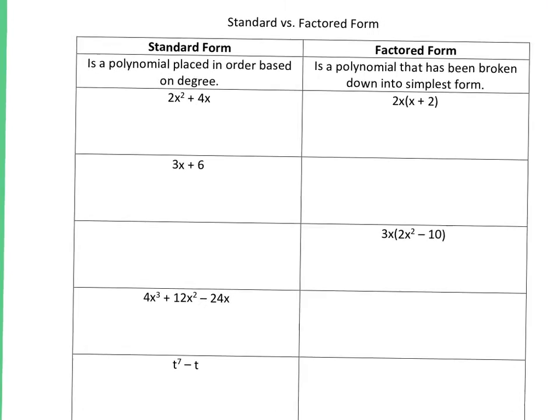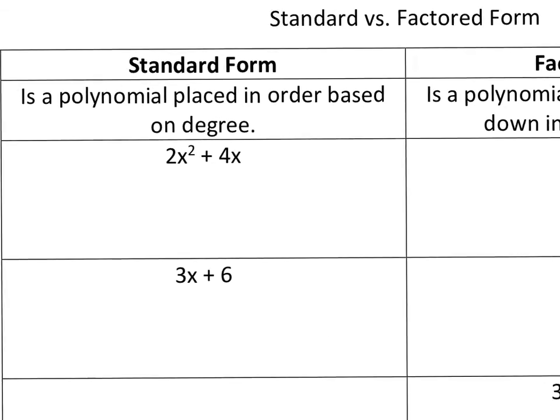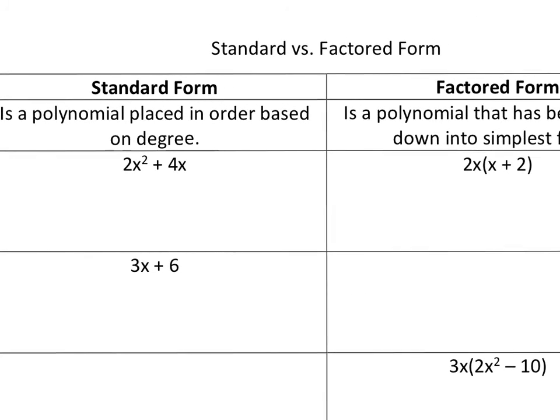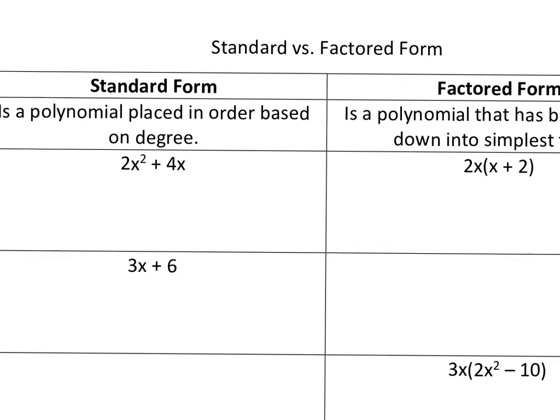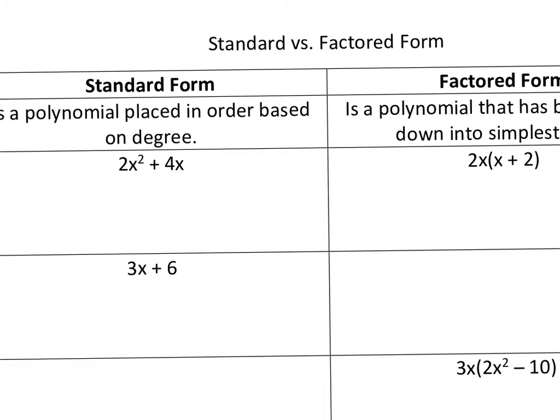So if we look at this very first one, they've got it in both forms for us. Okay, so if we look, we've got 2x squared plus 4x. That's the standard form. Okay, the x squared is higher than the x, which is why it's written in that order. Factored form, though, what they did was they noticed that this 2x squared and 4x had something in common, okay?